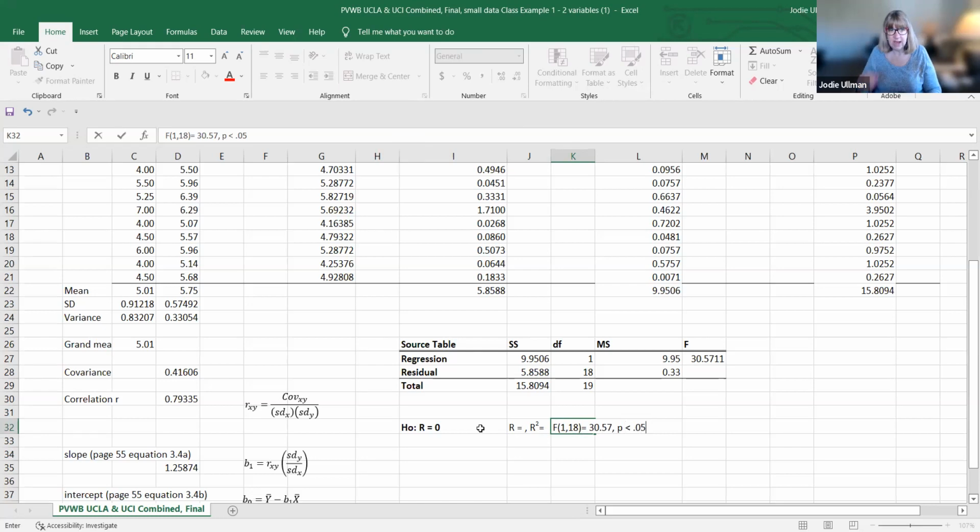Now, what's going to be fantastic here is you'll see that we calculate multiple R a lot of different ways in regression. But first, let's just think about it as we would have in a direct ANOVA analogy. Remember we have eta squared here often? Eta squared is just R squared. So I can put a column there if I want it.